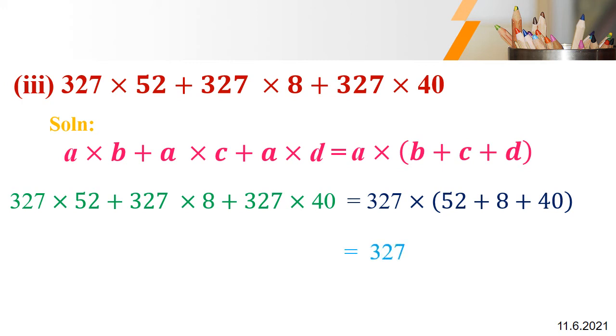So equal to 327 into 100. So now let's multiply 327 and 100. We get 32,700.